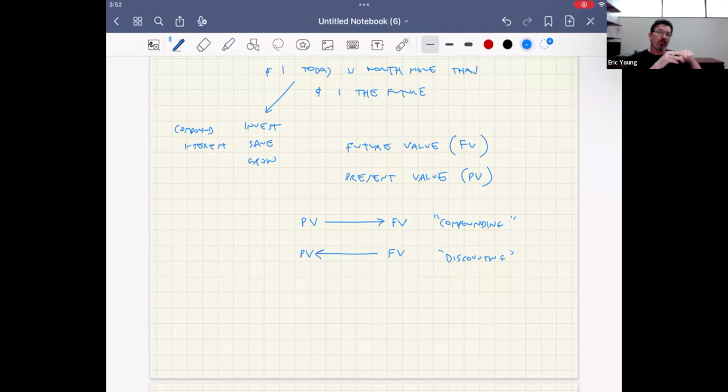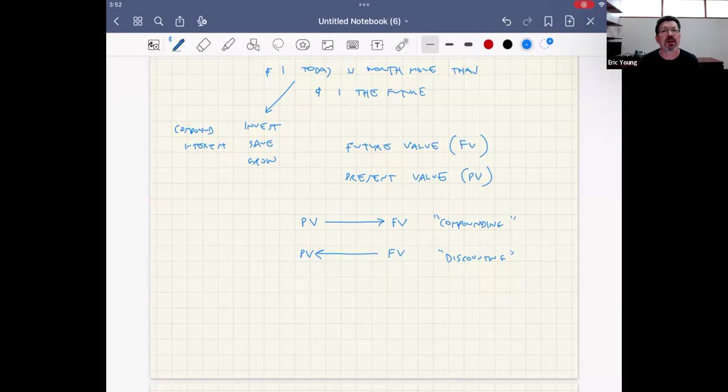The movement from the present to the future is called compounding. If you have a future value and you pull it back to today, that's called discounting. Okay, and they're both really important.